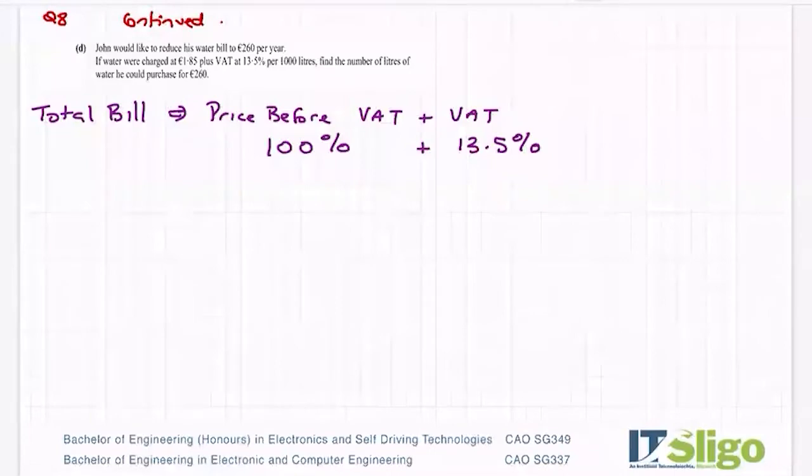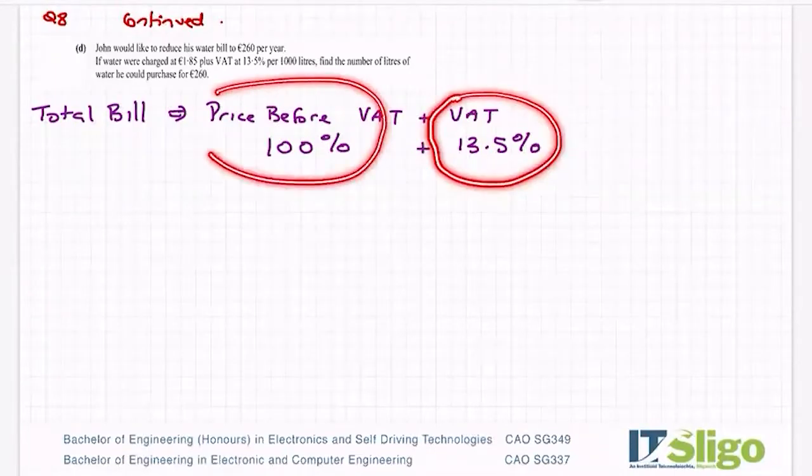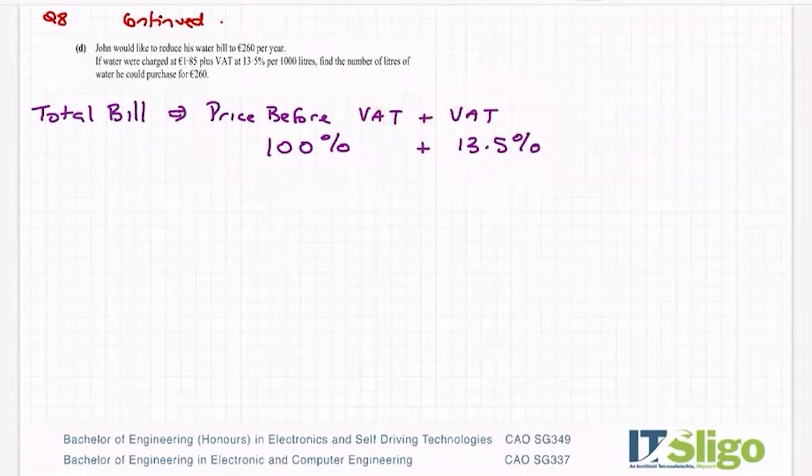Because we remember we got 13.5% and we added it on to the original number, which was the full number. So when we include VAT, our number is always bigger than 100%. And again, that's any VAT question. So 113.5%.